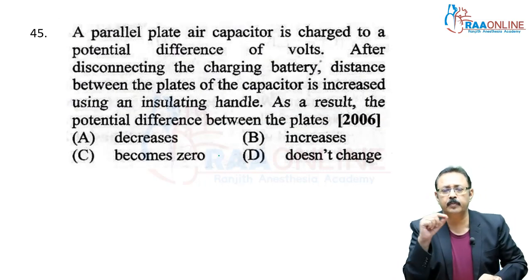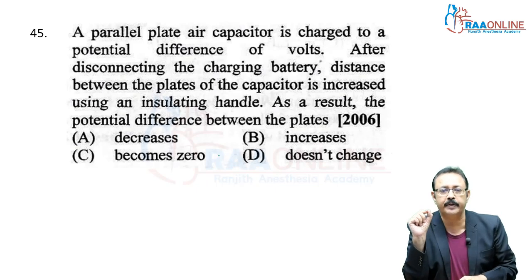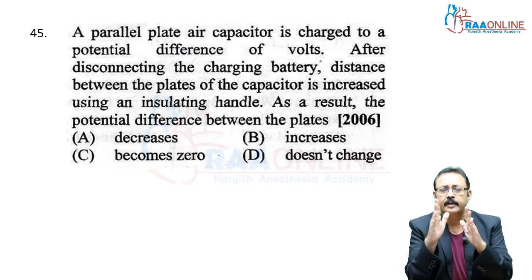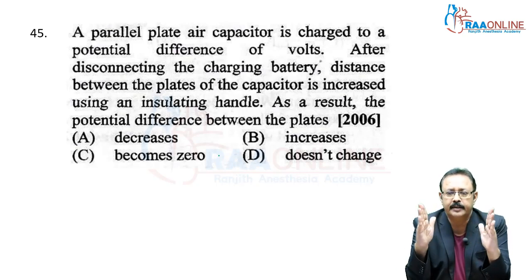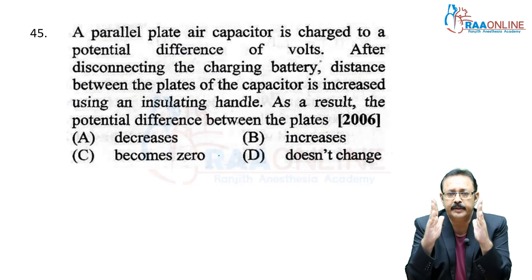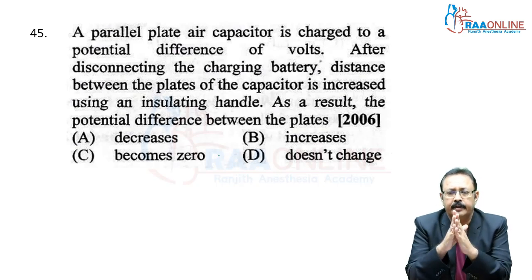Next, the last problem is from 2006 AIPMT. A parallel plate air capacitor is charged to a certain potential difference. After disconnecting the charging battery, meaning making Q constant, the distance between the plates is increased. Distance is increased means you are decreasing the capacity.